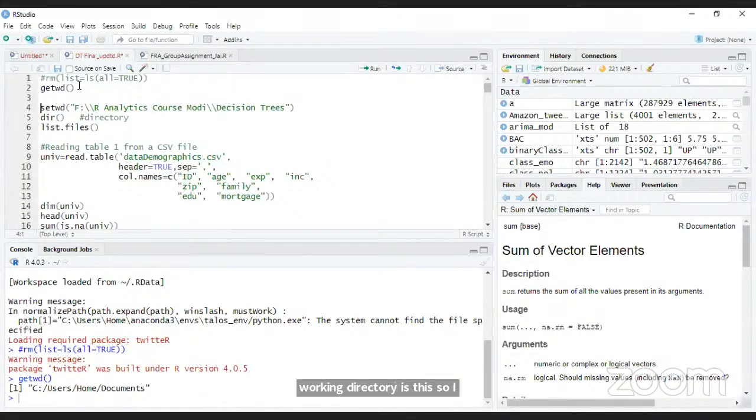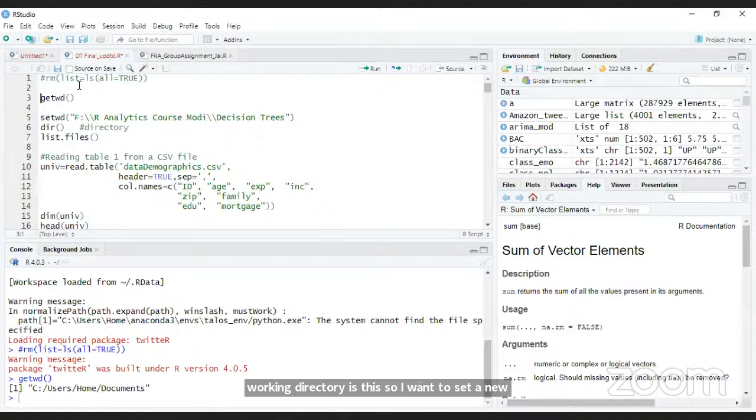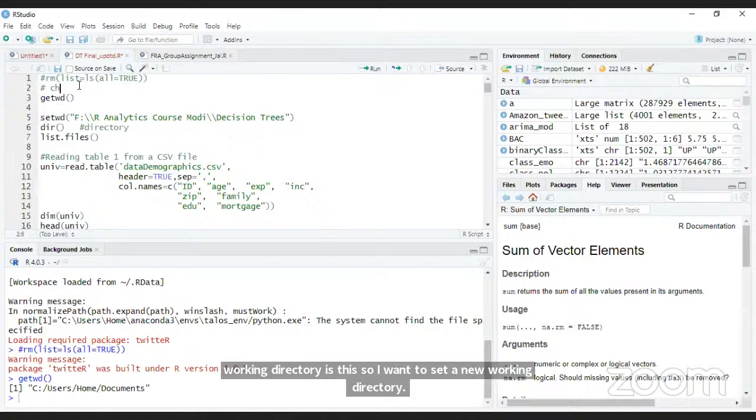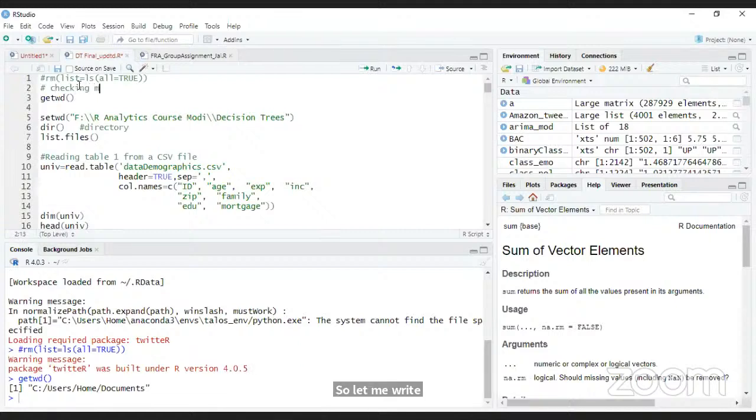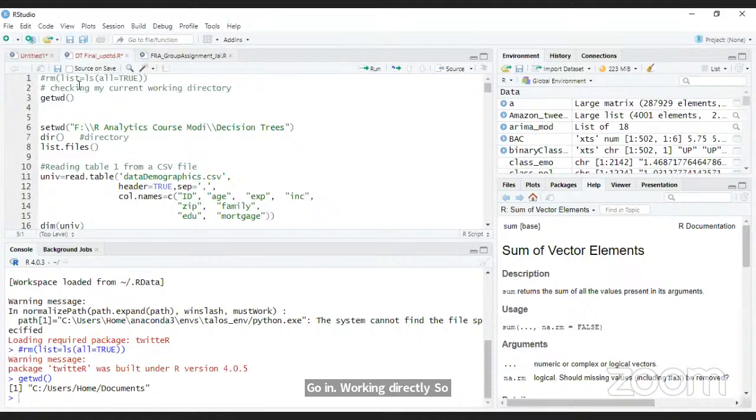So I want to set a new working directory. So let me write here, checking my current working directory, which is different from where my files are stored. My files are stored in F drive.